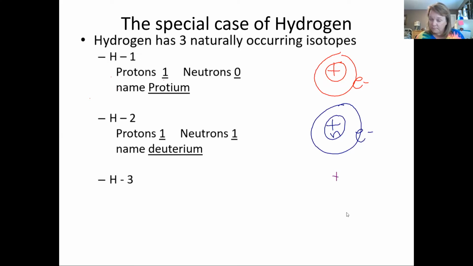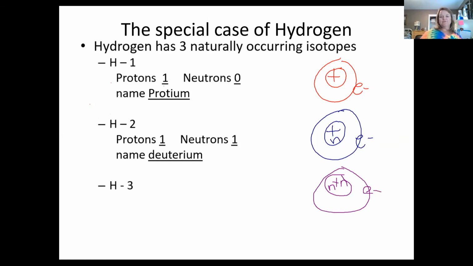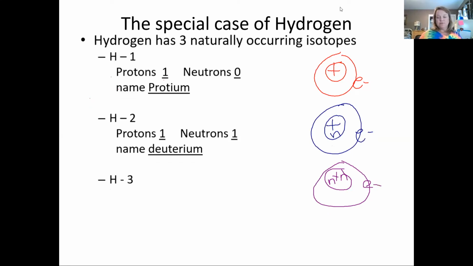It has to have 1 proton, so it'll be hydrogen, and it's going to have 2 neutrons in the nucleus. Sorry, I'm doing this with my mouse. And then it's neutral. I didn't tell you it had a charge, so it's going to have that little electron. So these are the Bohr models of the 3 isotopes of hydrogen.